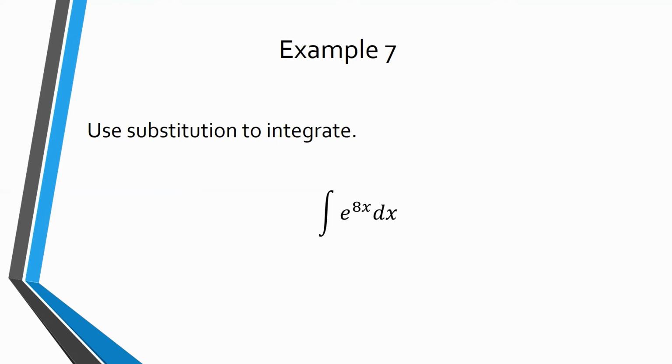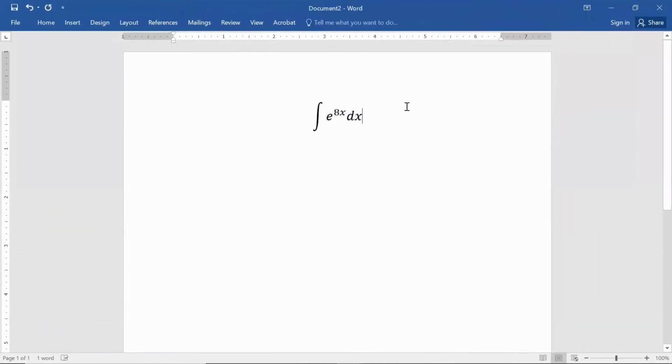We want to integrate e to the 8x. If the pattern were to hold true, the u would be my exponent, and I would integrate e to the u and just get an e to the u, or e to the 8x in this case.